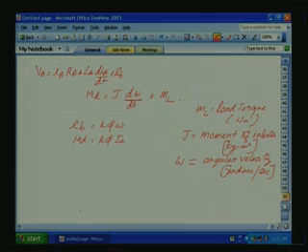Now let us write in the Laplace domain. So that will take care of the frequency part.